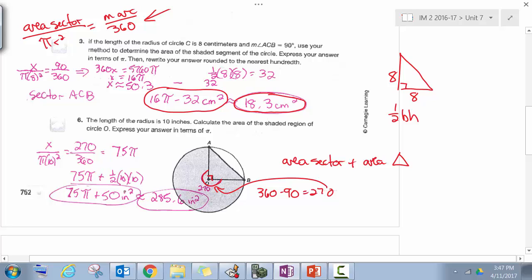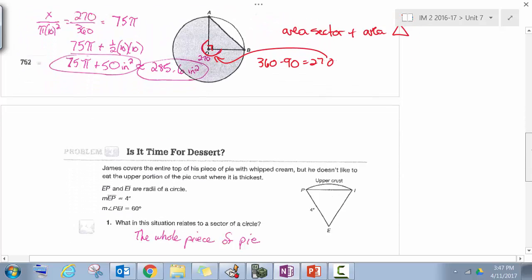We cross multiply and solve, and we get that it's 75 pi. So 75 pi plus 1/2 base times height of this triangle, 1/2 times 10, which is 50. So we have 75 pi plus 50 inches squared, or 285.6 inches squared if you want the rounded answer. So again, it's just adding and subtracting things.